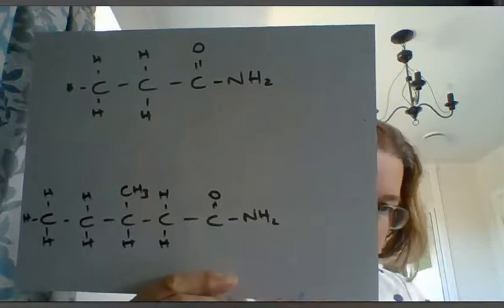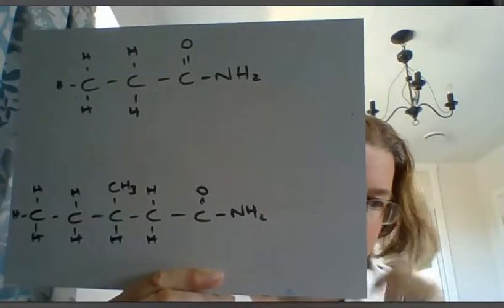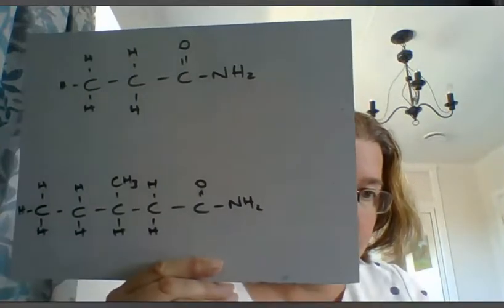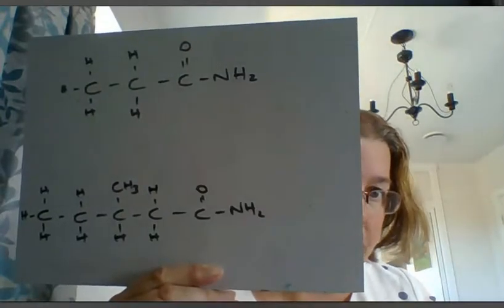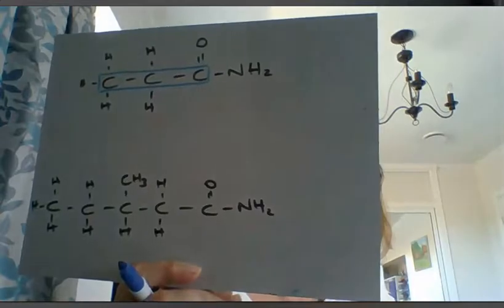Okay, so here we have 2 amides. If we look at the one at the top first, that's the simplest one to name. So just like any other naming system, you're going to start off by identifying the longest carbon chain and count it. So here we have 3 carbons in a row. 3 carbons is prop.